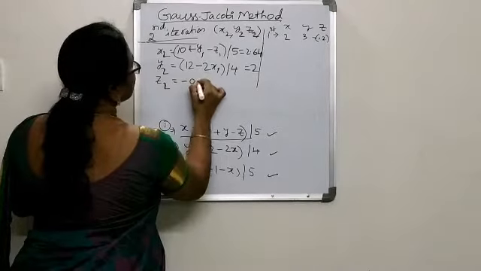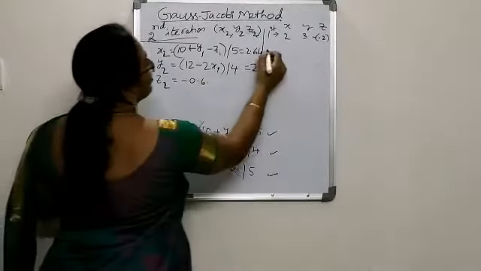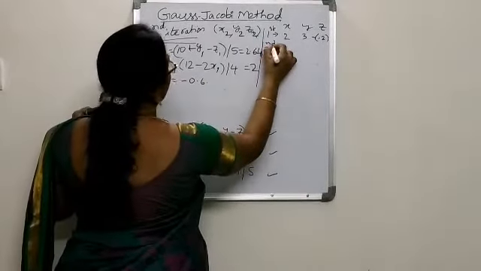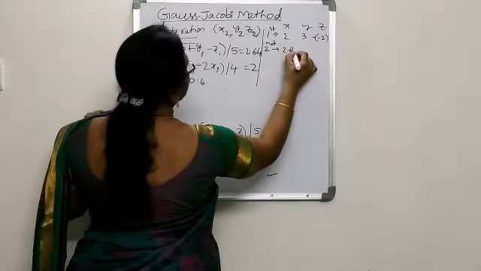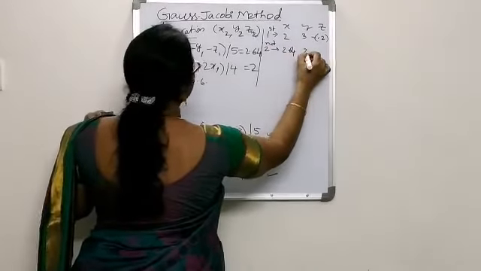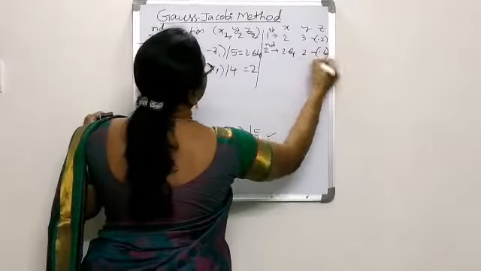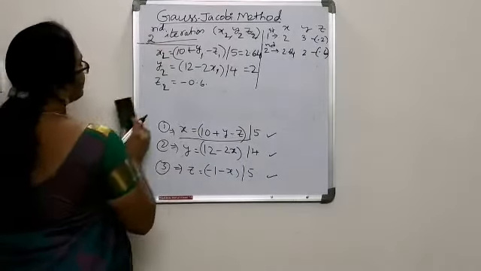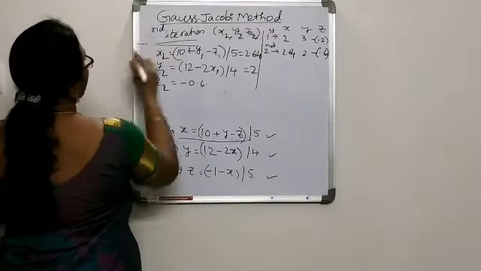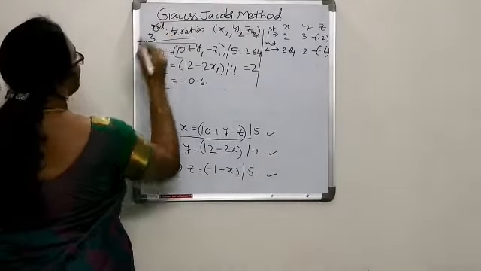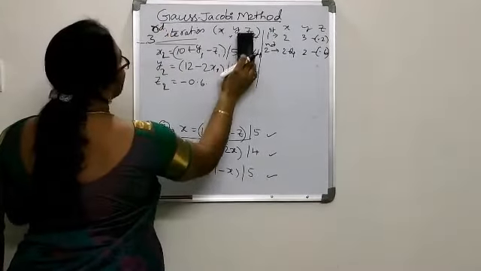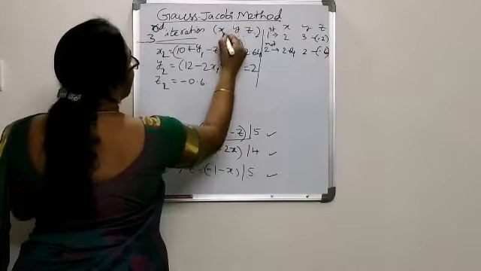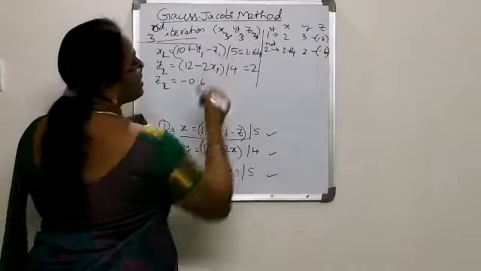It is minus 0.6. So our second approximation values are 2.64, 2, minus 0.6. Now let us do the third approximation by doing the third iteration. Third iteration values are denoted by x3, y3, z3.